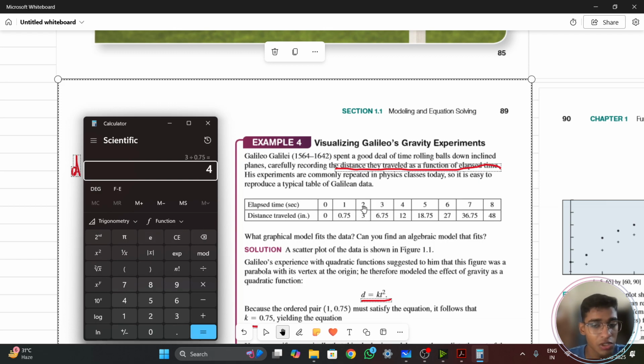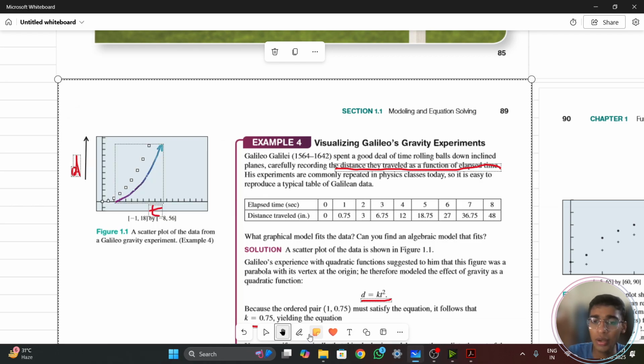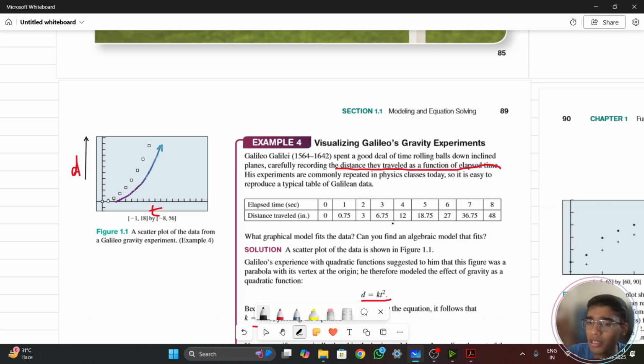That is 2 squared. And if you see the comparison of 6.75 divided by 0.75, it's actually 9. So you have got a relation that whenever you move forward, what you are getting is k times t squared.